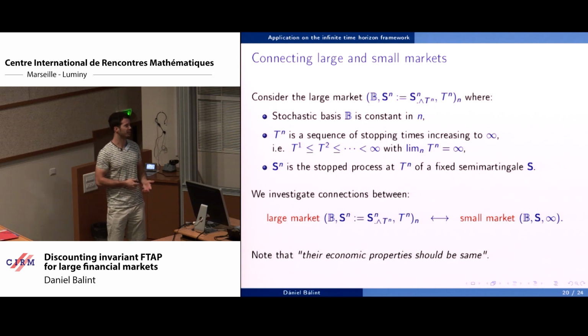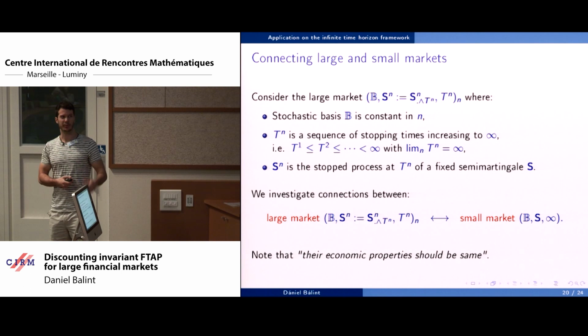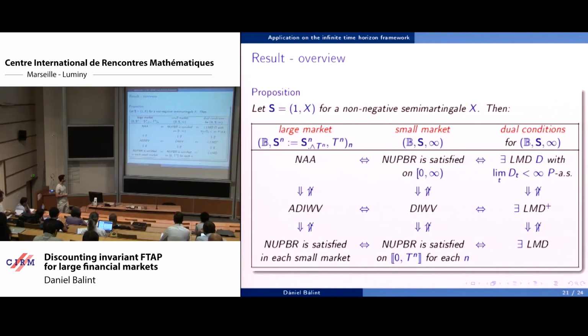And this, of course, looks really similar morally to the small market, where we simply take B, S, and time horizon infinity. So we expect some similar economic properties, and we investigate this connection between this large market created from this small market in a somewhat artificial way. And there I can give you already our corresponding result, an overview of that.